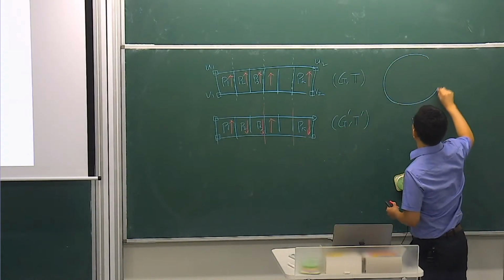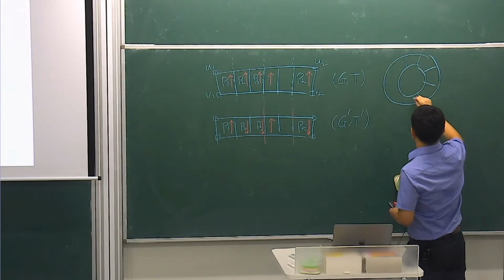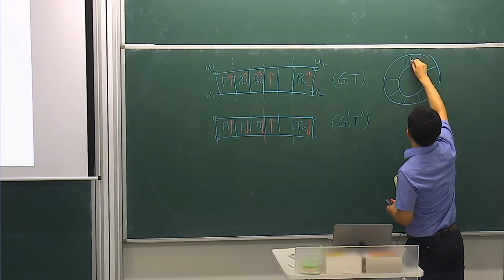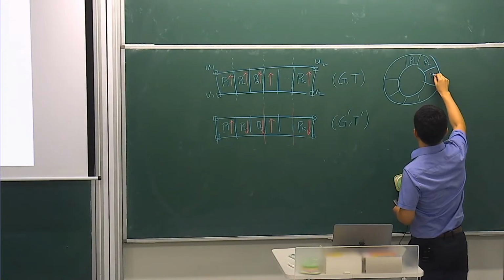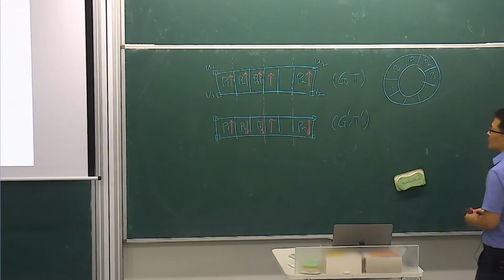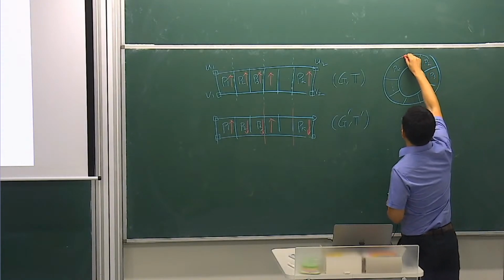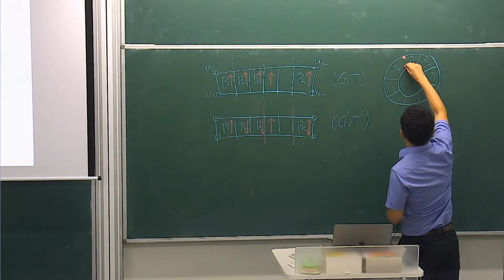Then we have some donut-like structure, right? With the signature and the sign here and here.